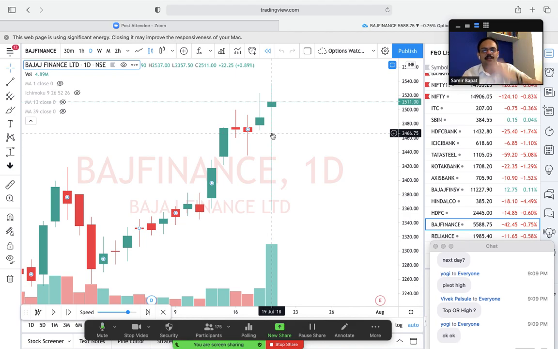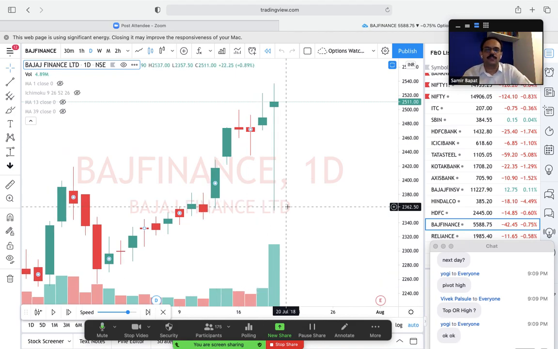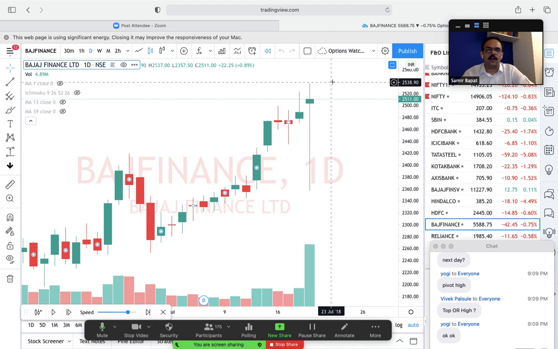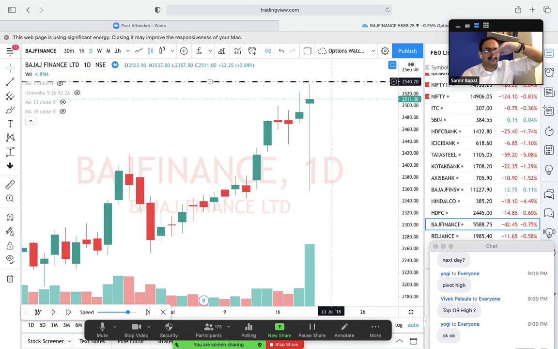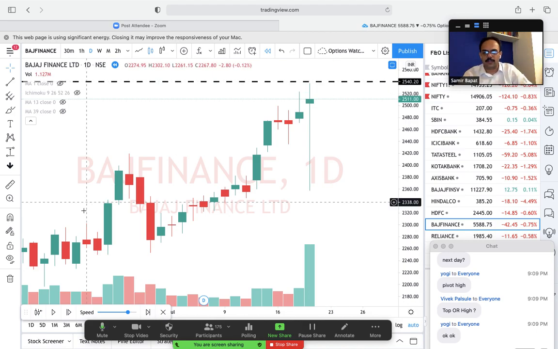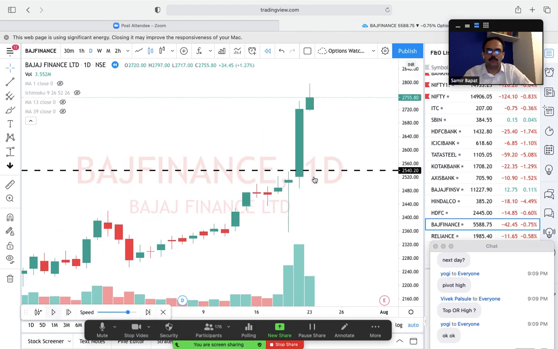So if you see a green candle, if you see the volumes double, then you draw a line above the high here, and the next day when the price crosses this, at that point you buy. Next day you put your order here, a stop market order. You can put it at this point. Once it crosses, you will buy at this point.